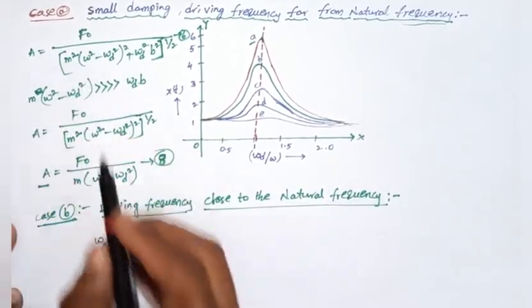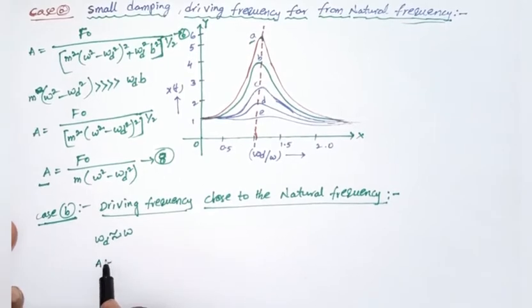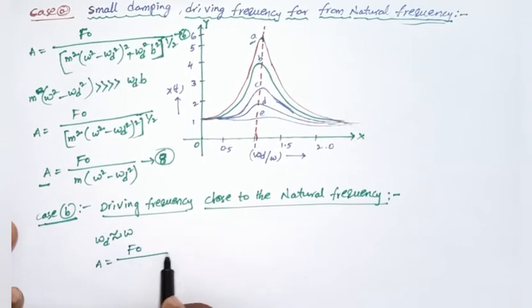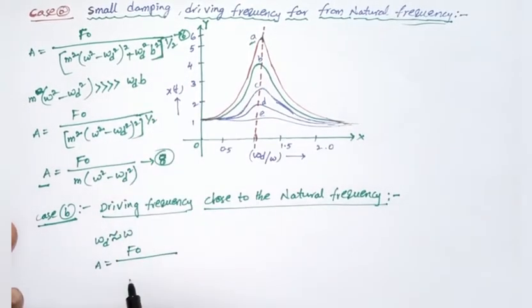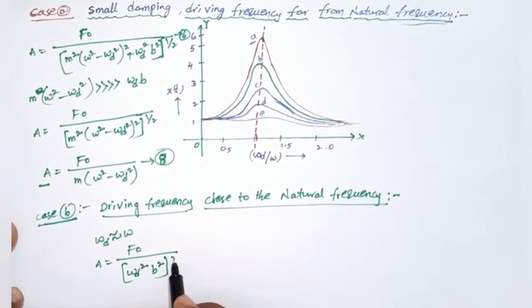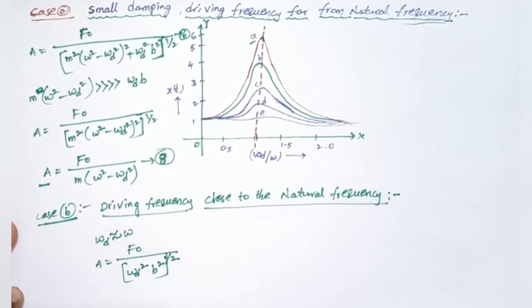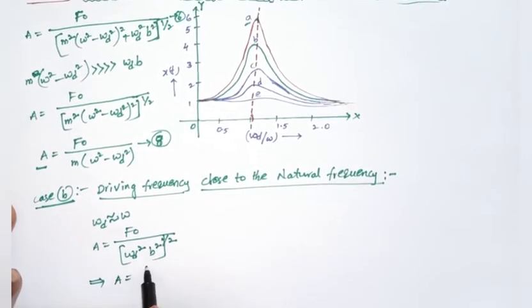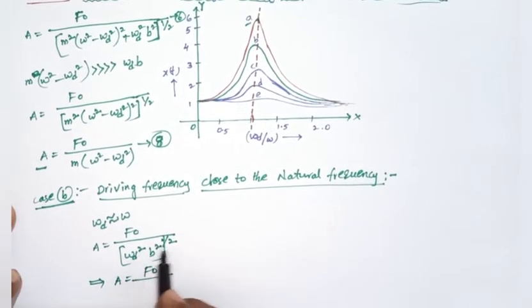Then equation number 6 becomes A equals F0 by (omega d squared b squared) to the power of 1 by 2. The square and square root cancel, so A equals F0 by omega d b.